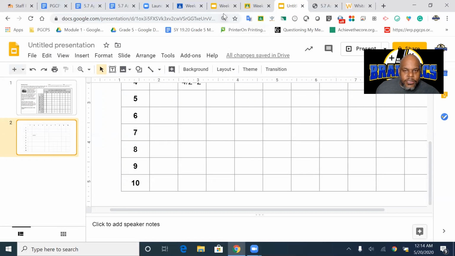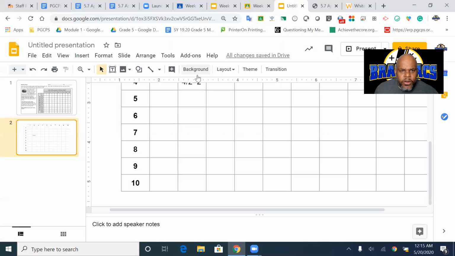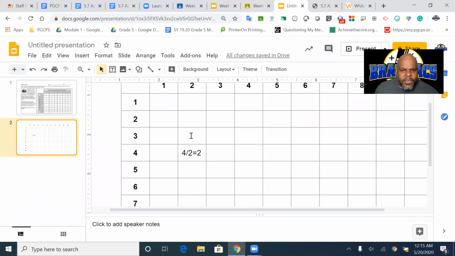Okay, let's see what else they asked. How many candy bars would each person get if the twins bought 4 candy bars and invited 3 people? Okay, so they bought 4 candy bars and invited 3 people.